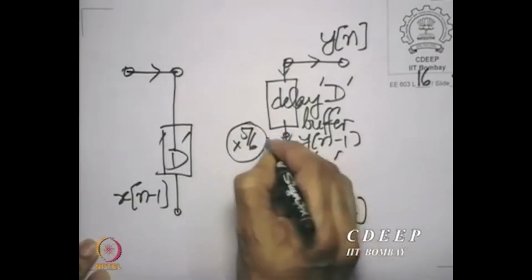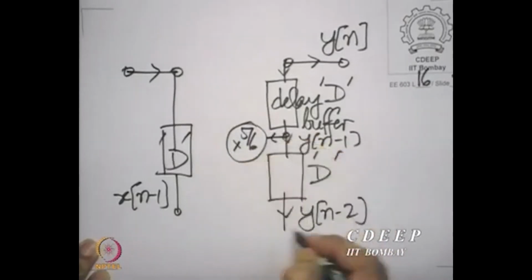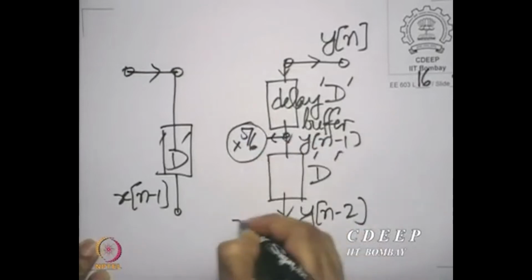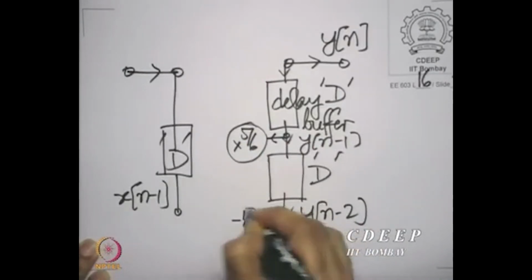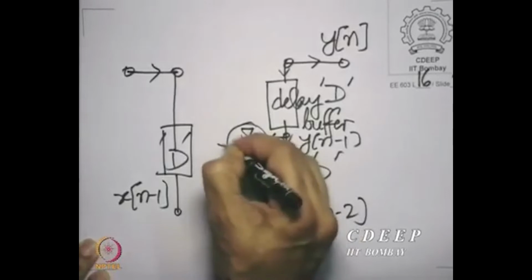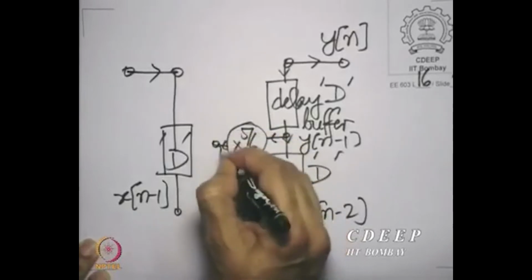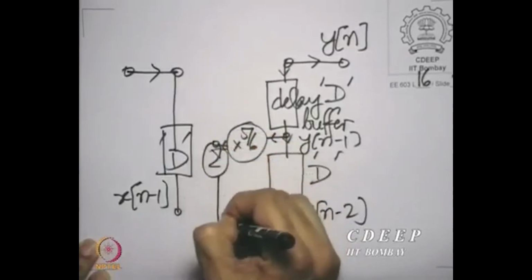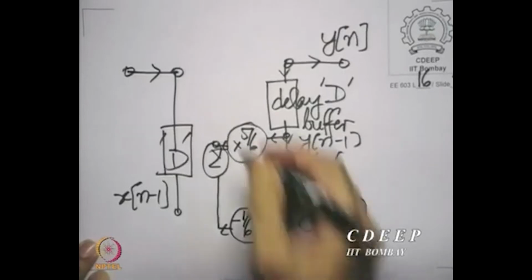I have taken y[n-2] and multiplied it by -1/6. I have added these two. I will show addition by a summation. I have added these two.